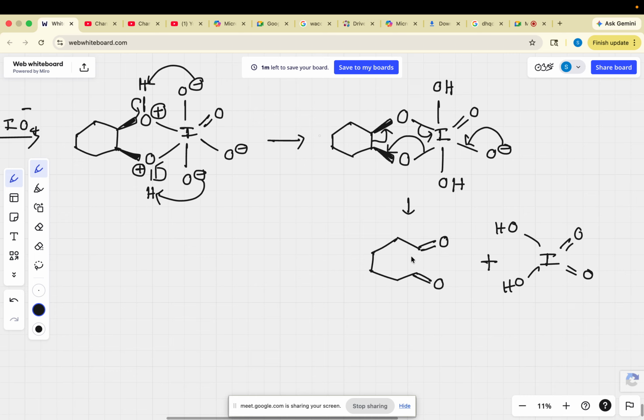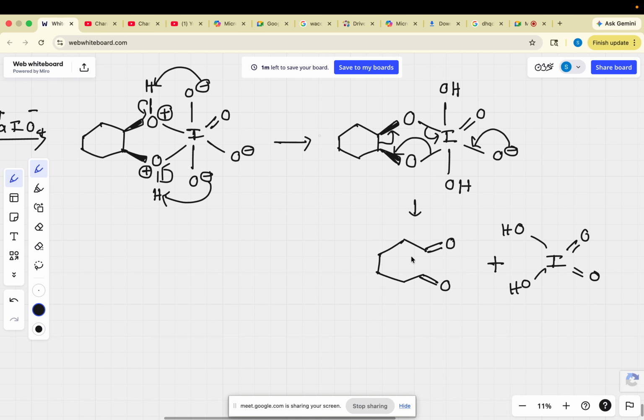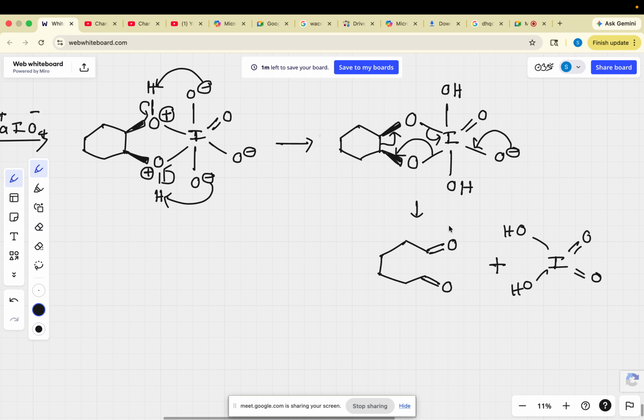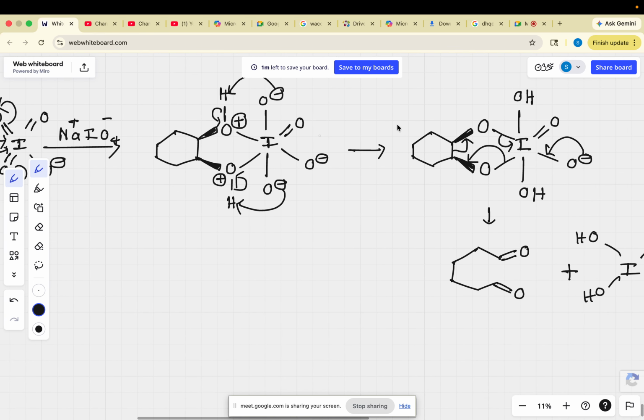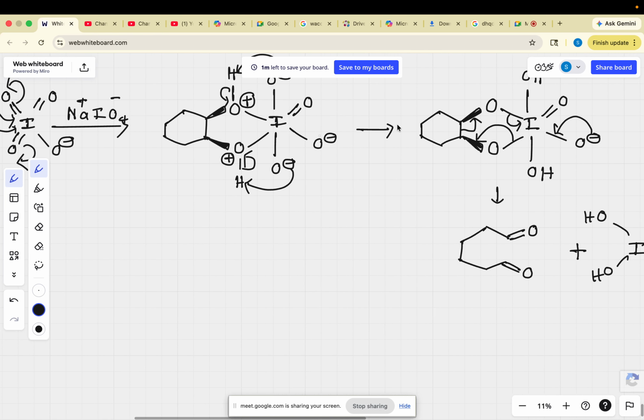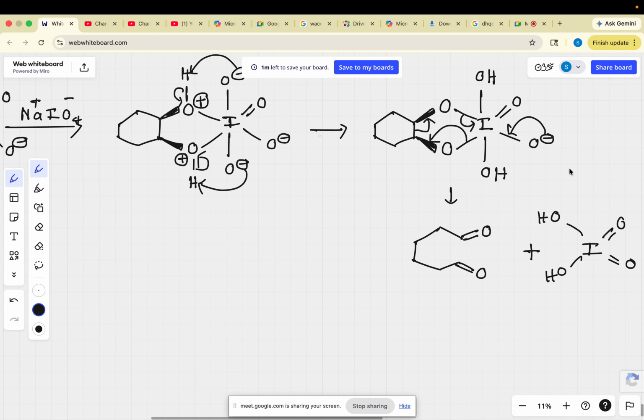Done. Yesterday someone was asking how the single bond will break. I have a similar doubt also. Here, basically, how the sigma bond is breaking: you can see O minus is donating back its electrons.